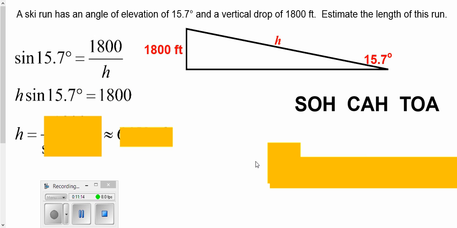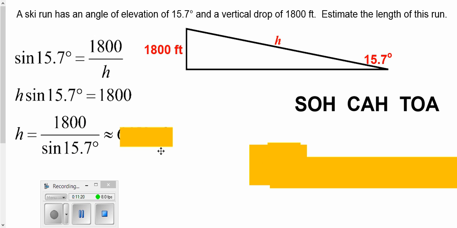And then we want to get our calculator ready form. We want to get h by itself, so you've got to divide both sides by the sine of 15.7. So this is our calculator ready form. If your calculator's in degree mode, you can just type this in as you see it, 1800 divided by the sine of 15.7. And since we were dealing with units here, we want to include our units, and so we'll put feet.